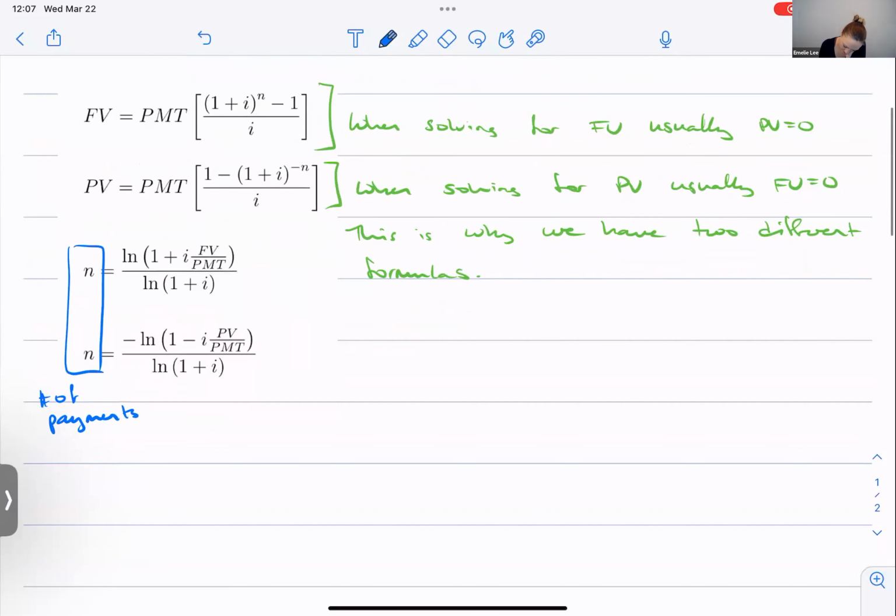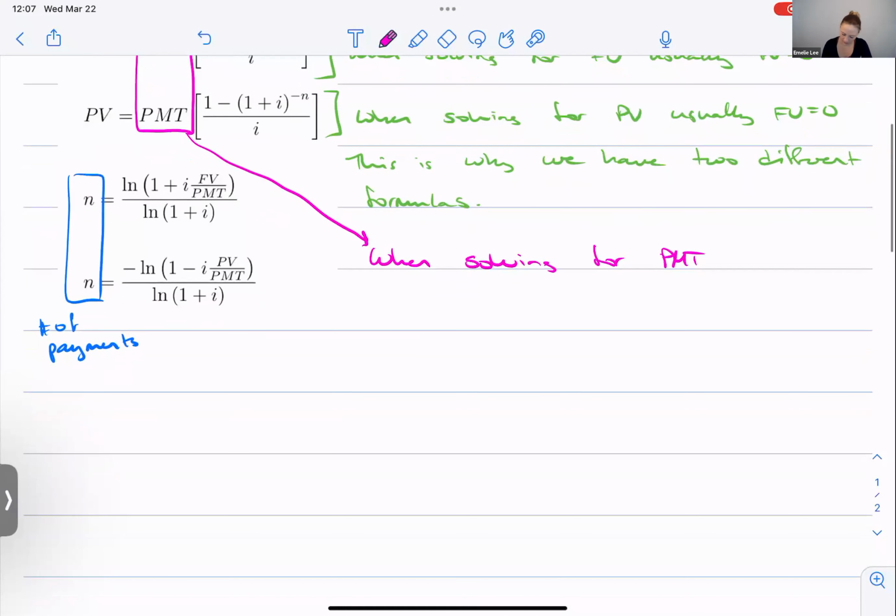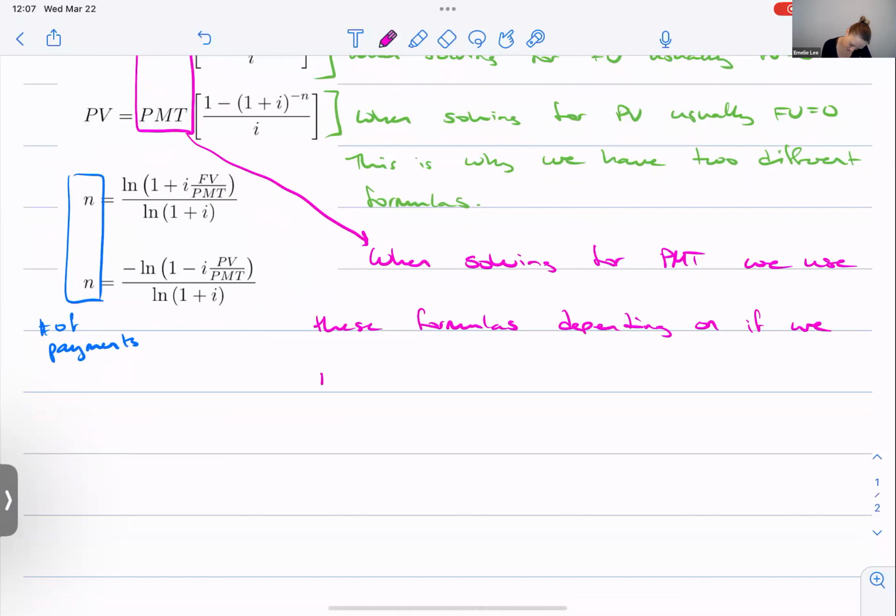So let's see here. I'll start by doing that one because it's the one in order. When solving for PMT, we use these formulas depending on if we know FV or PV.